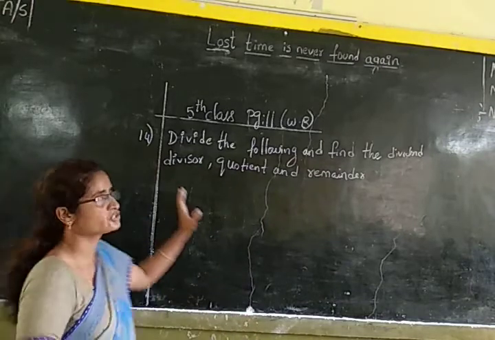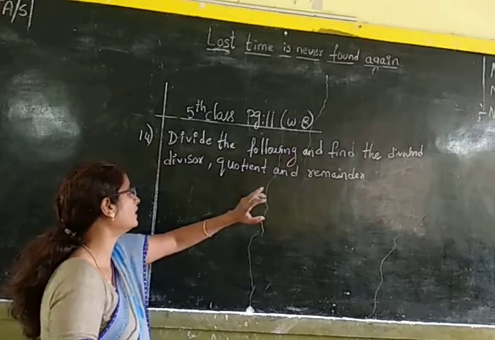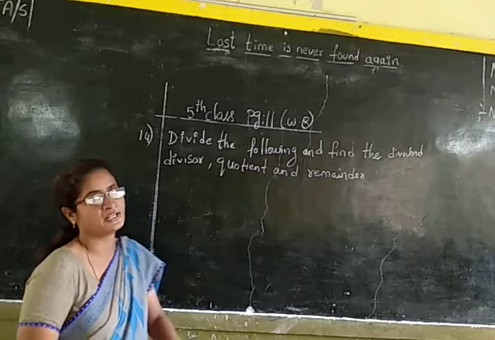What you have to do? First you have to divide and then you have to find out the dividend, divisor, quotient and remainder.